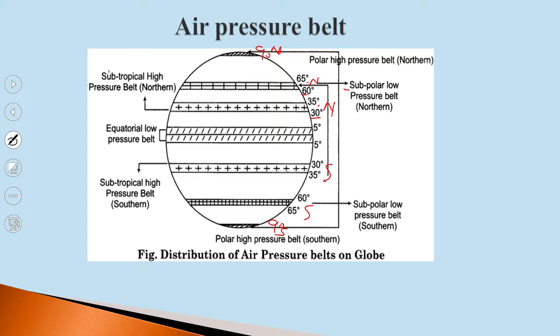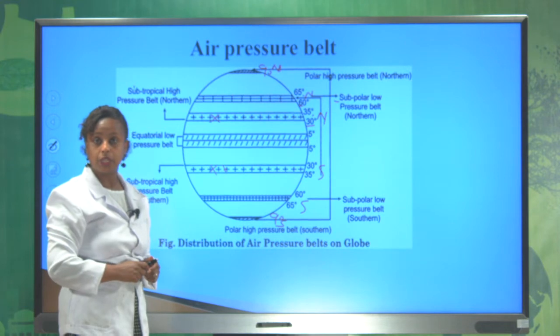In this region, there is high pressure because pressure depends on the rotation and the movement of air. Wind blowing from the doldrum or the equatorial low pressure area rises and accumulates here in the subtropical high pressure or horse latitude region.